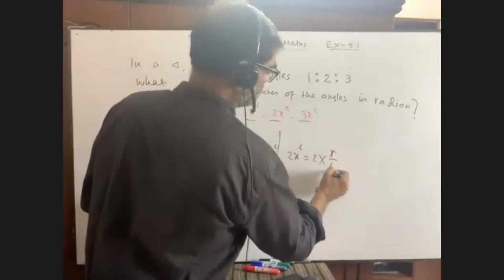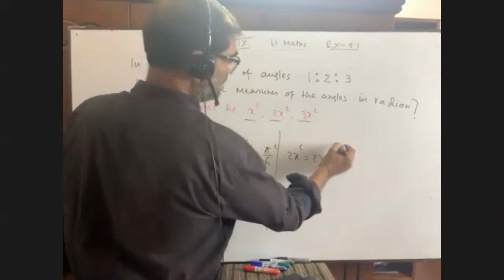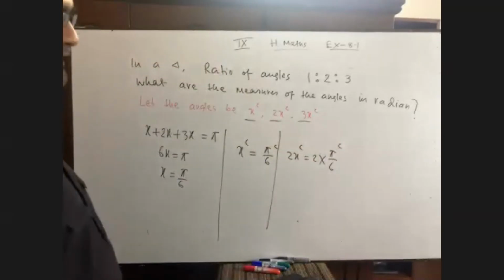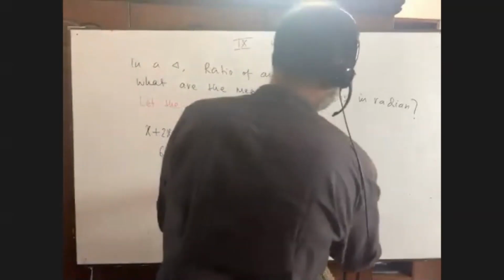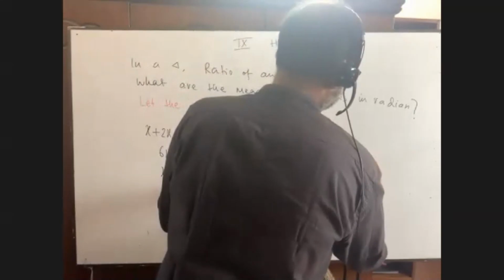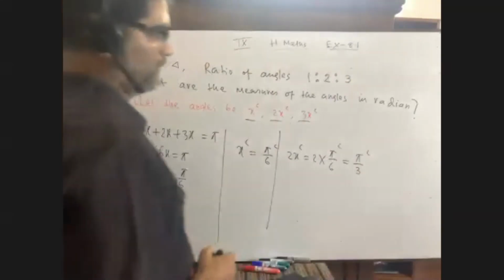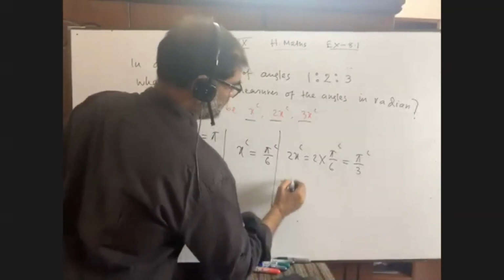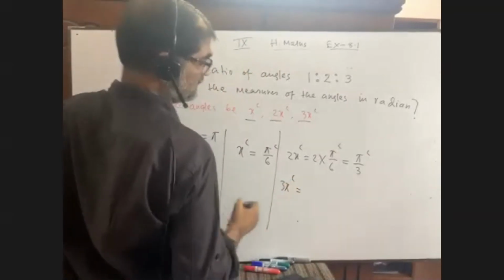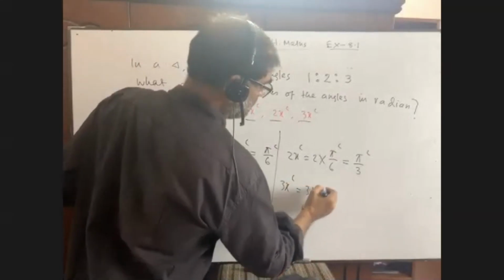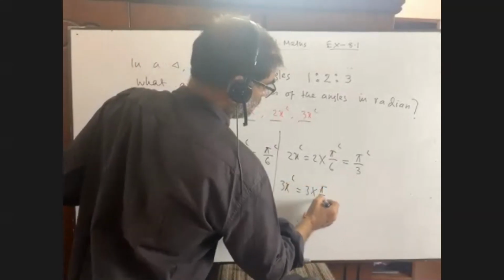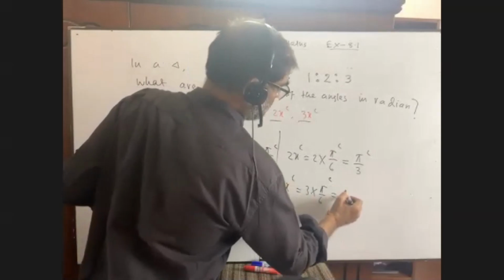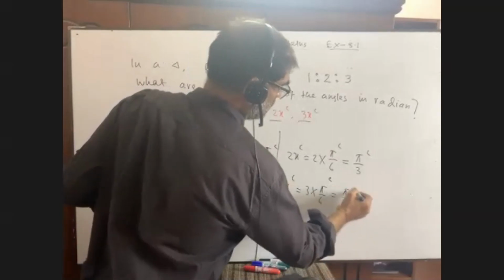That is pi by 3 radian. And the last one is thrice x radian, 3x radians. That means 3 into pi by 6. It is equal to pi by 2 radian.